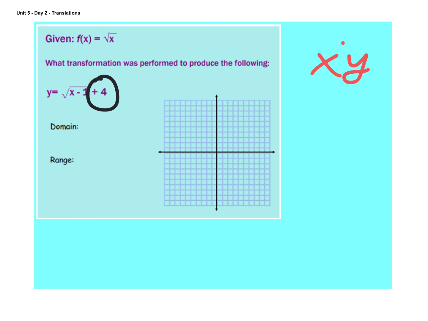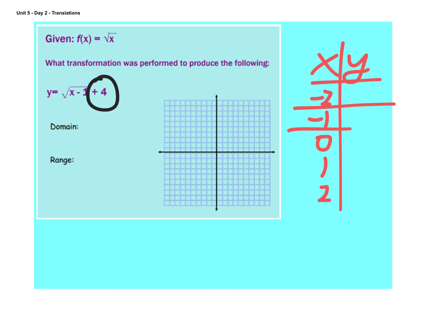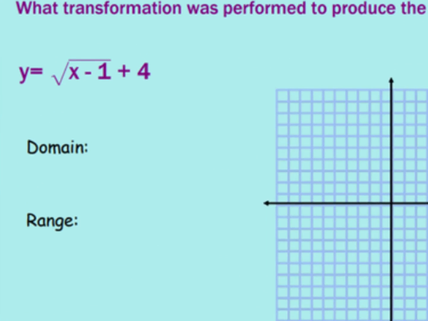XY chart. Everybody please put in -2, -1, 0, 1, and 2. And that's it. That's the last thing I'm going to ask you to do. How do I put in -2? You go over here, you put in -2 right here.